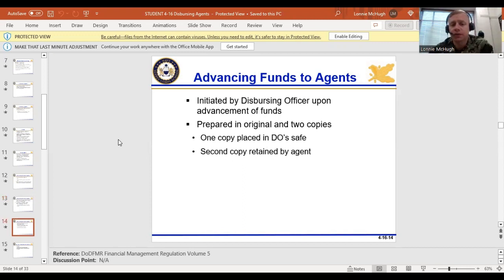You as the disbursing officer will initiate this advancement of funds, so you will fill out the initial 1081. And you're going to create the original and 2 copies. So you're going to keep the original and a copy, and then the second copy will be retained by that agent.